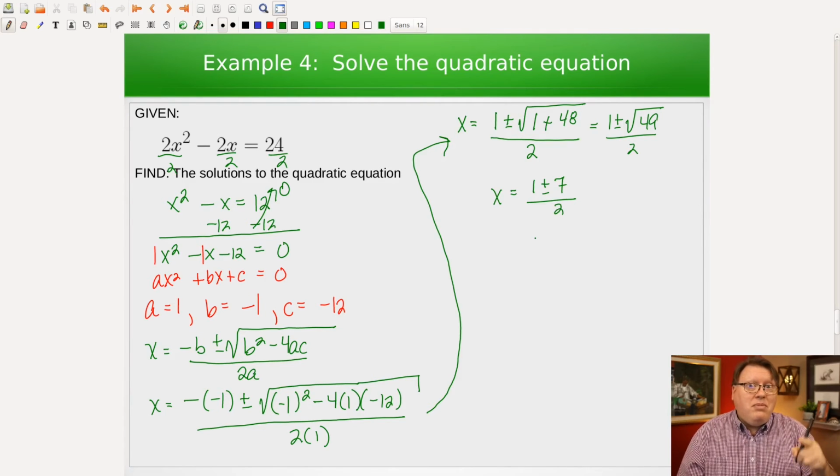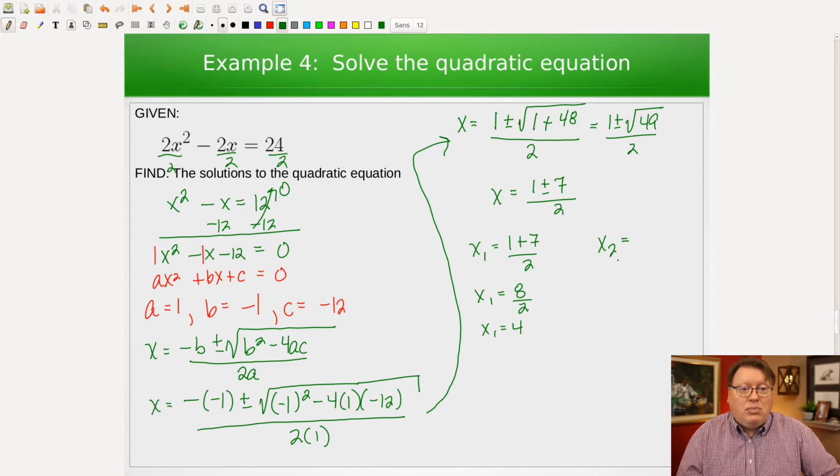All right. Remember, the plus or minus, we're looking at two different numbers. Okay. So our first solution, x sub 1, would be 1 plus 7 divided by 2. So x sub 1 is equal to 8 divided by 2. 1 plus 7 is 8, and then 8 divided by 2 is just equal to 4. Okay? Our second solution, we're going to take the minus in our plus or minus. So we're going to say 1 minus 7 divided by 2. So x sub 2 is 1 minus 7.